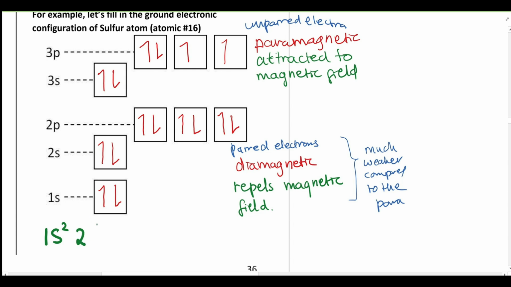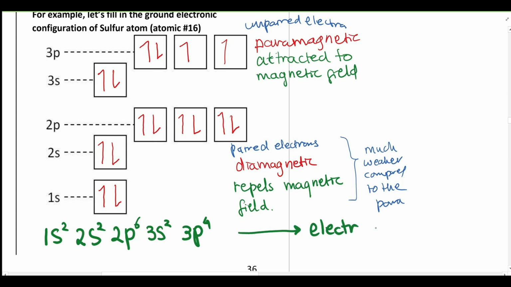Then 2s2, then 2p6, because there are 6 electrons in the p orbital, 3s2, and then 3p4. So these two things are the same thing. That's a truncated version of the top, and this is usually called the electron configuration, or more specifically, the ground electronic configuration.